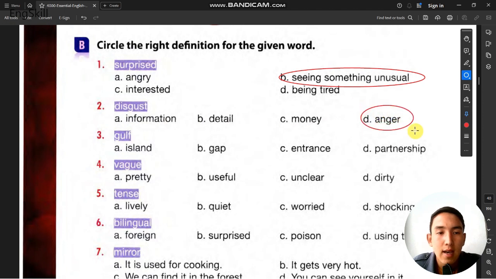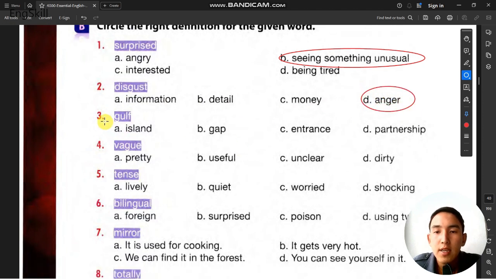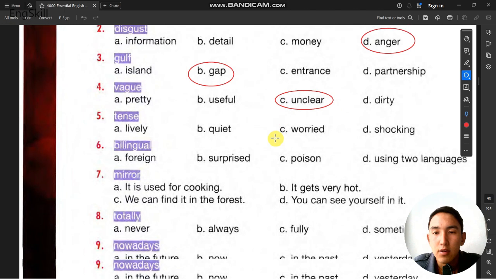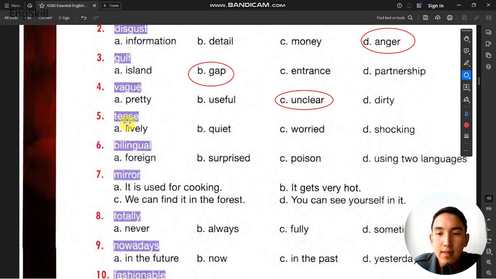Disgust means anger. Number 3, gulf. Gulf means island, gap, entrance, partnership. Gulf means gap. Number 4, vague. Pretty, useful, unclear, dirty. Vague means unclear. Number 5, tense. Lively, quiet, worried, shocking.